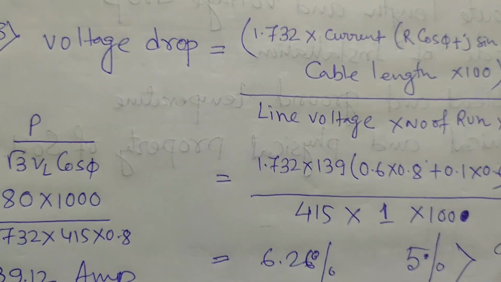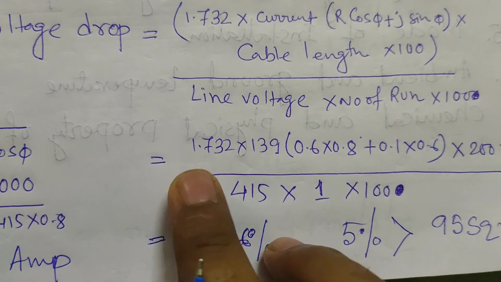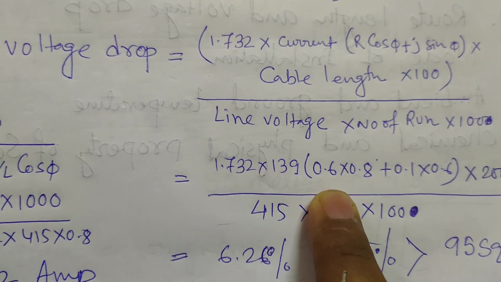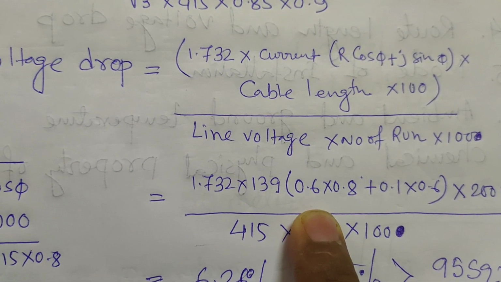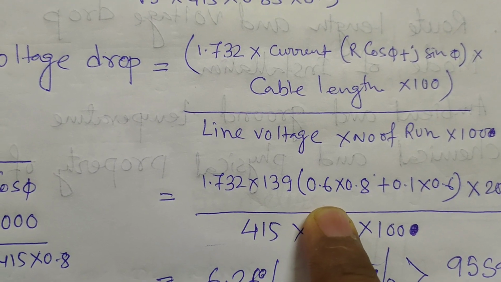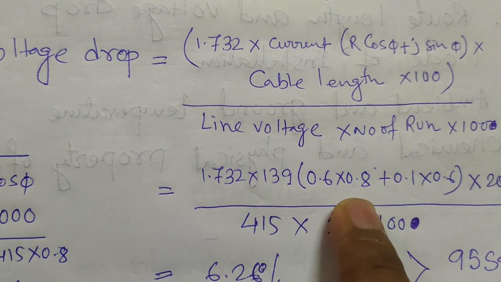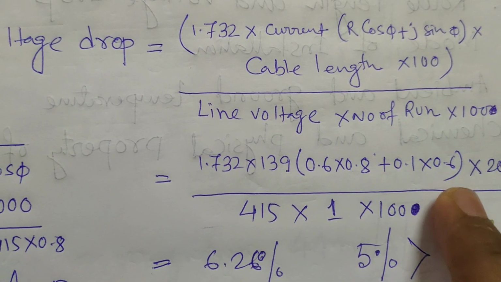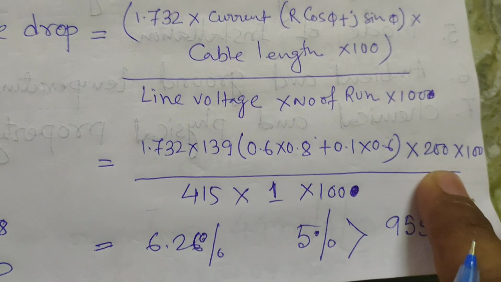How will we calculate it? By putting 1.732 into the full load current into 0.6. What is 0.6? 0.6 is the resistance here, and 0.6 into 0.8 plus 0.1, the J value is 0.1 and the sin phi value is 0.6, into 200.